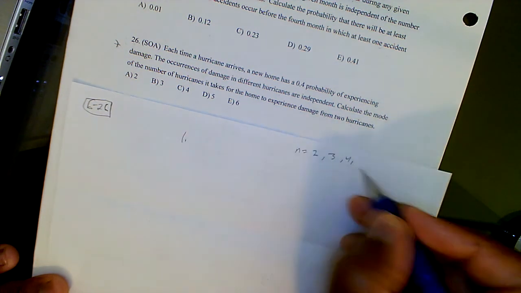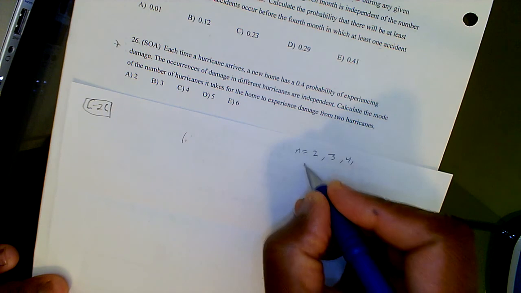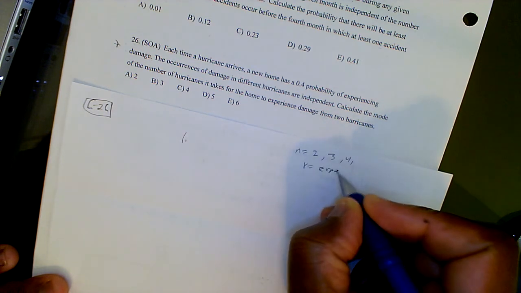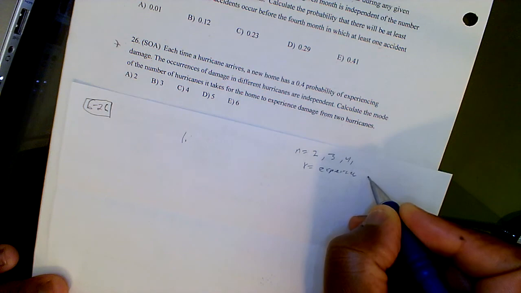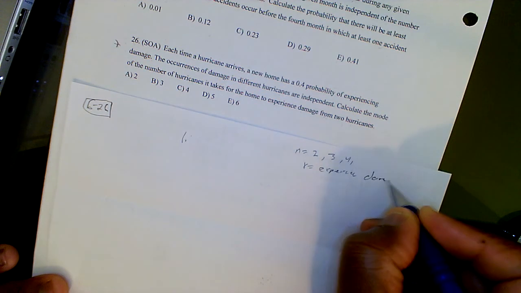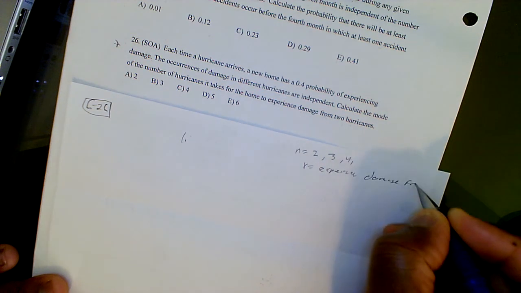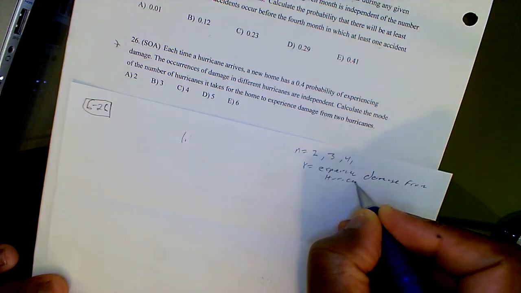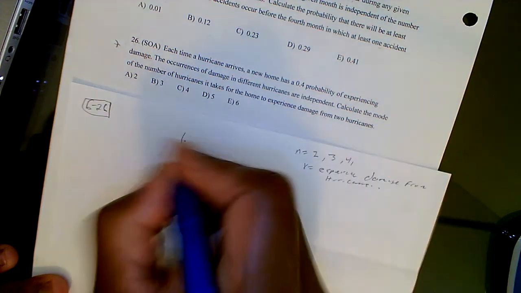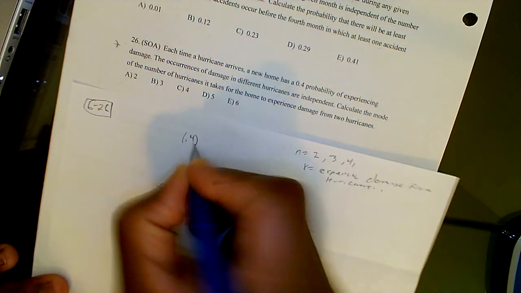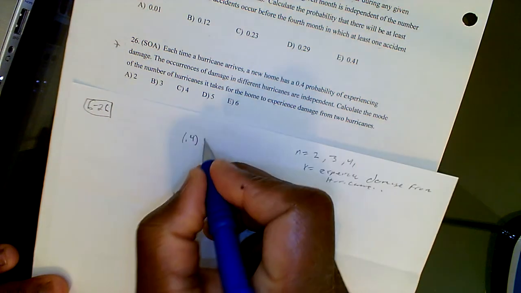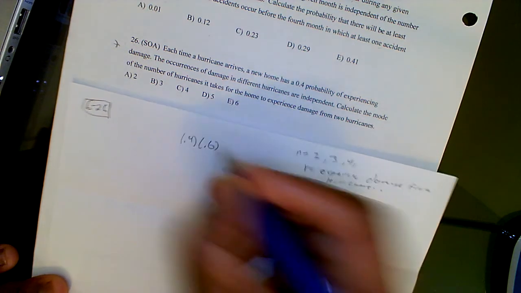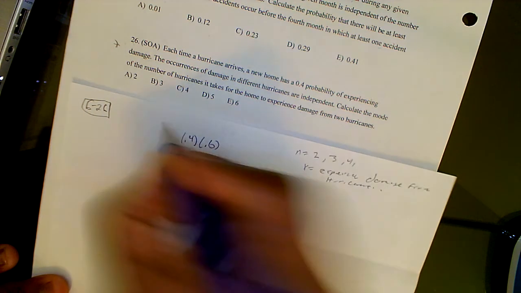Our x is that it experienced damage from the hurricane, and we know the probability of that is 0.4, and then there's a 0.6 that you don't.